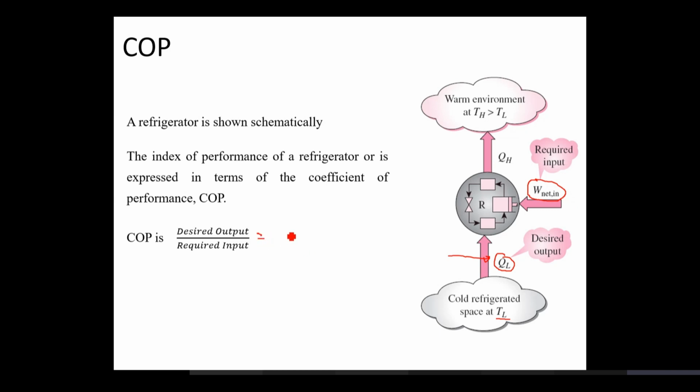The desired output was essentially QL, and the required input was essentially the net work input into the system. If you apply an energy balance on a closed system undergoing a cycle, you come to know that work net is essentially QH minus QL.